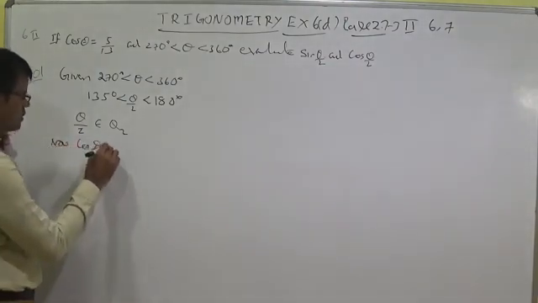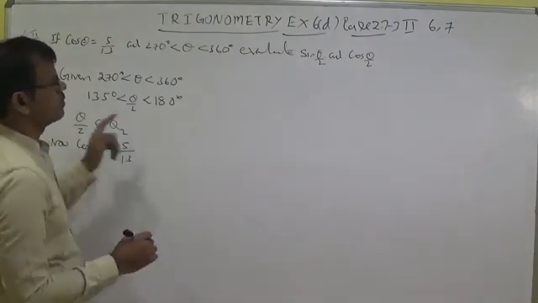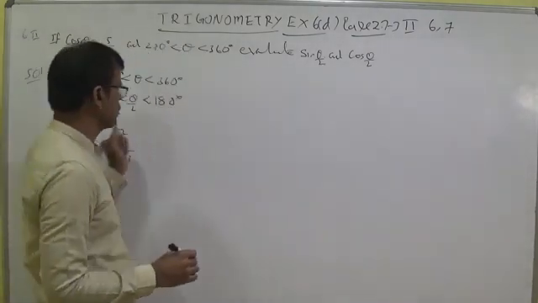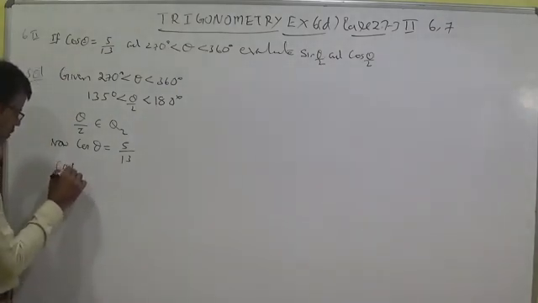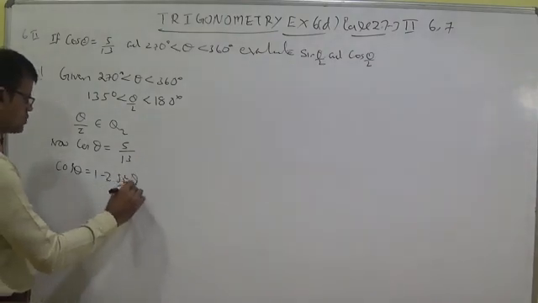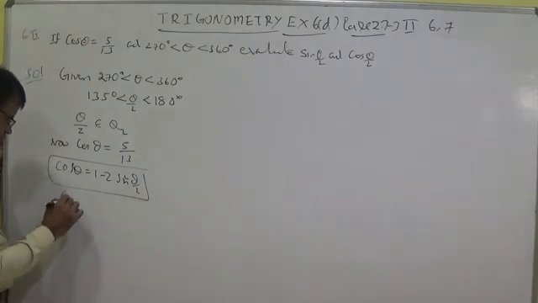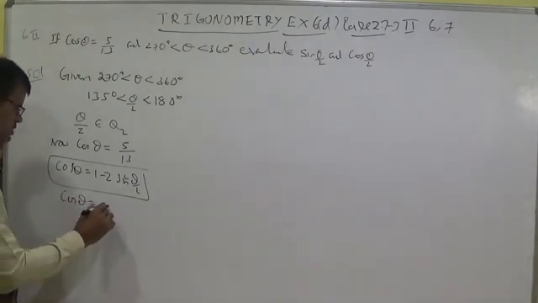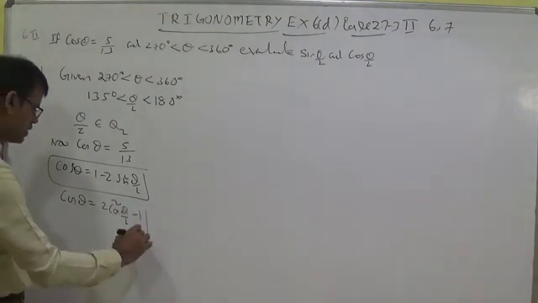cos theta is equal to 5 by 13. We need sin theta by 2 and cos theta by 2. So according to the formula, cos theta is equal to 1 minus 2 sin square theta by 2, and according to the formula cos theta is equal to 2 cos square theta by 2 minus 1.